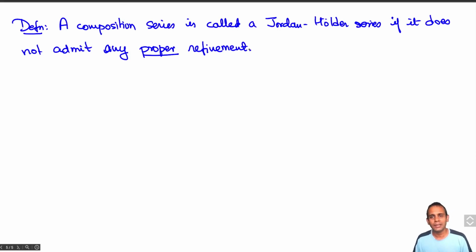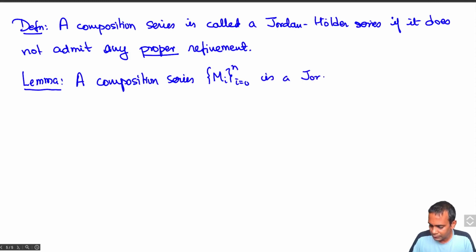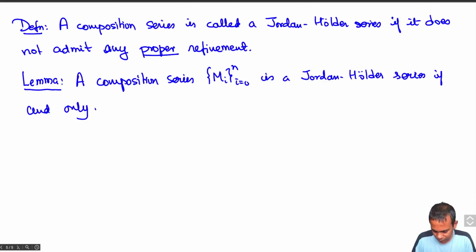And another way to characterize Jordan-Holder series is in terms of the quotients. So that's a simple lemma: a composition series Mi, i goes from 0 to n, is a Jordan-Holder series if and only if all its quotients are simple.